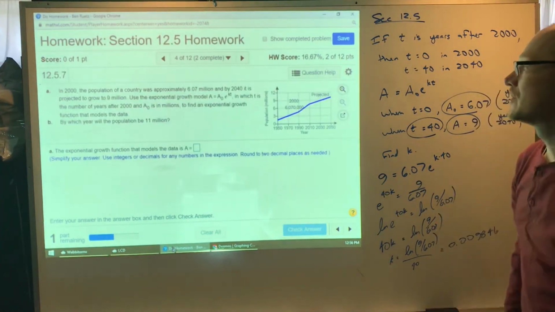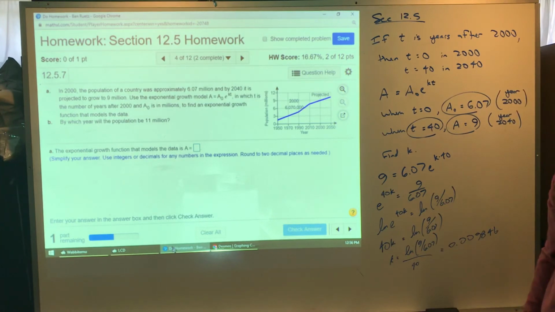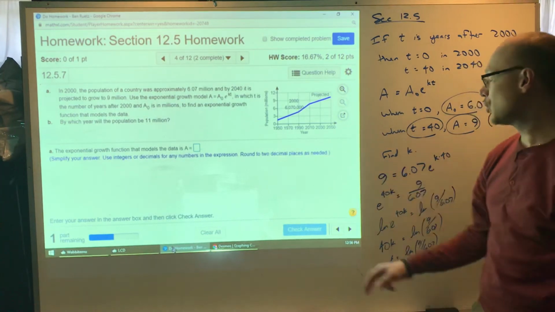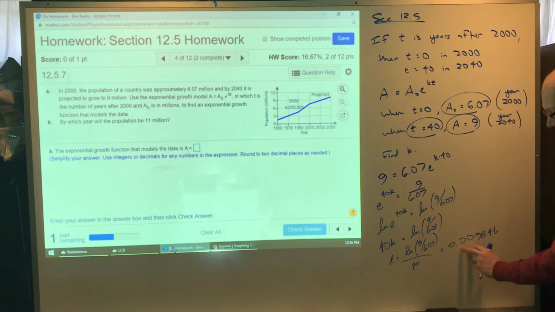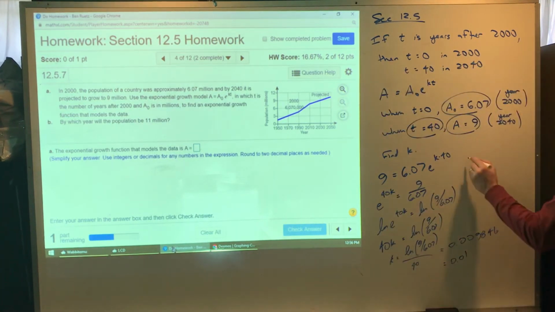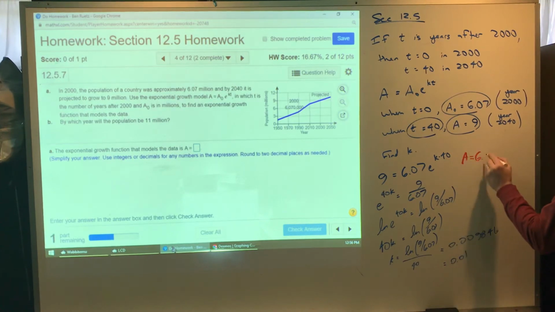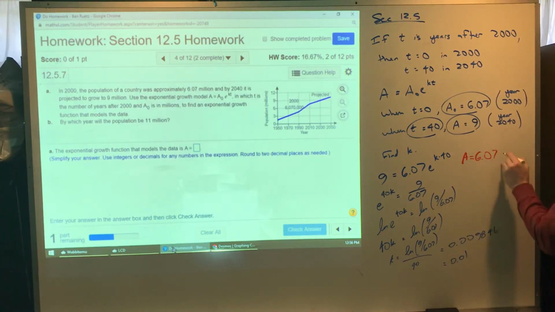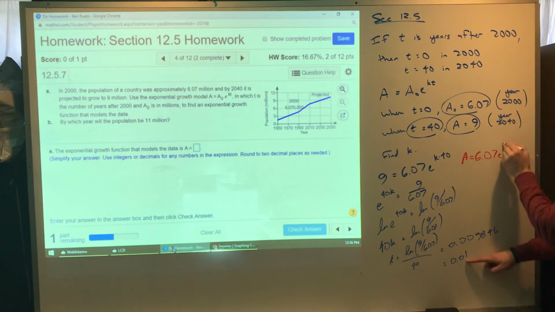It says the exponential growth model, round to 2 decimal places. 2 decimal places means 0.01. That's my k value. So my growth model is going to be A equals my initial 6.07 times e to the k t.